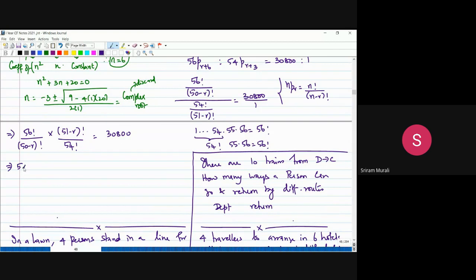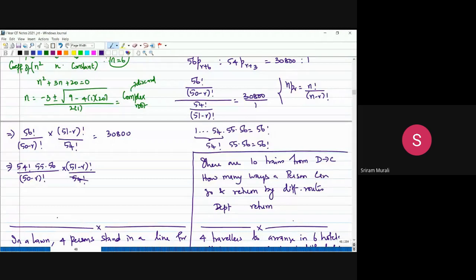56 factorial can be written as 54 factorial into 55 into 56 divided by 50 minus r factorial. This is 51 minus r factorial divided by 54 factorial.